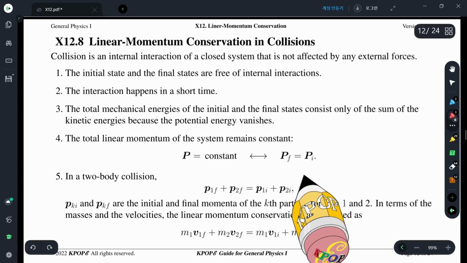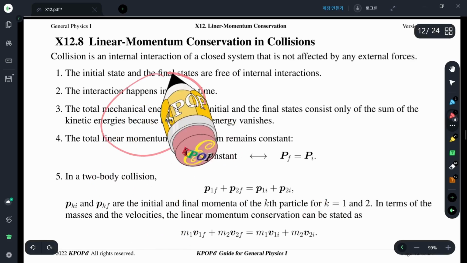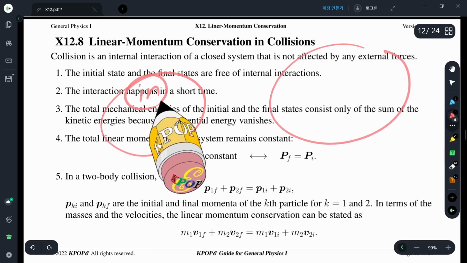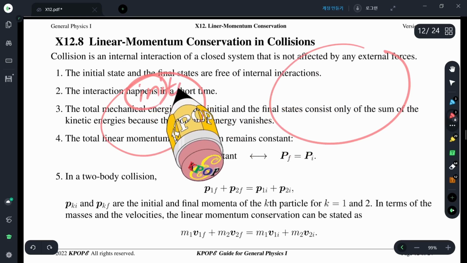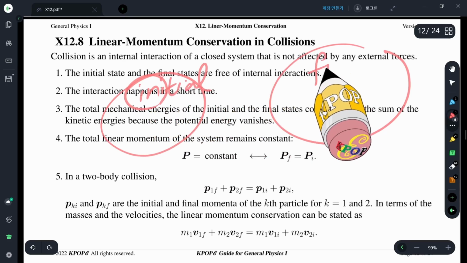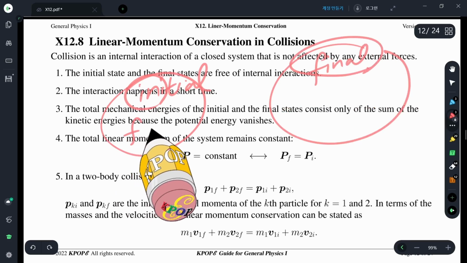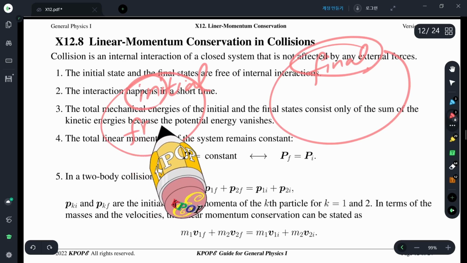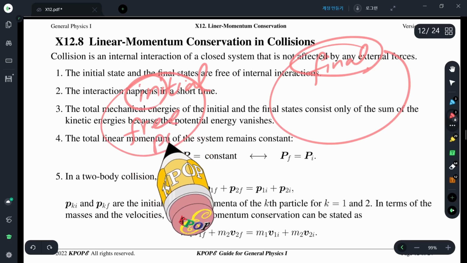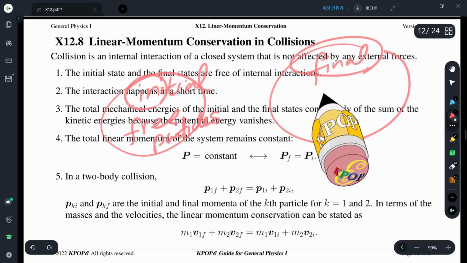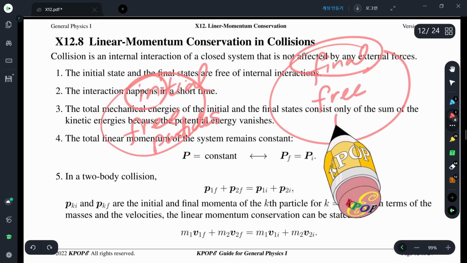Linear momentum conservation in collisions. A collision has the initial state and the final state. The initial state and the final state, the two states consist of free particles. And the final state is also free particles.